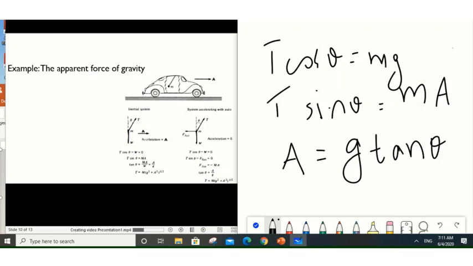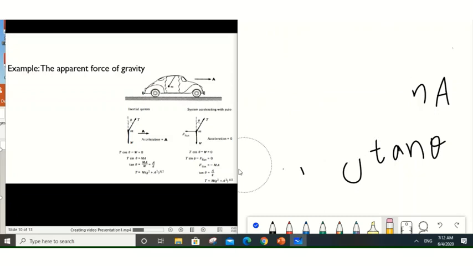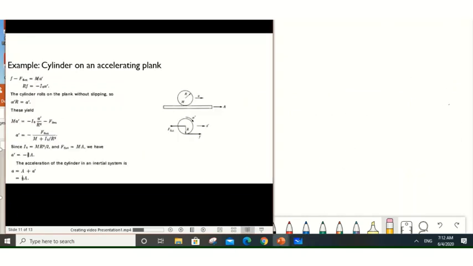So this is the example for apparent force of gravity. Next we have another example of a cylinder on an accelerating plank.